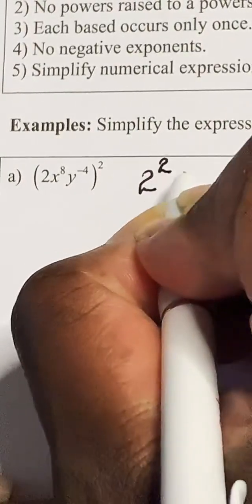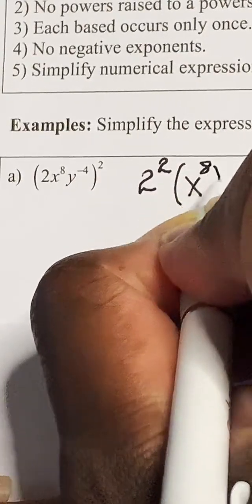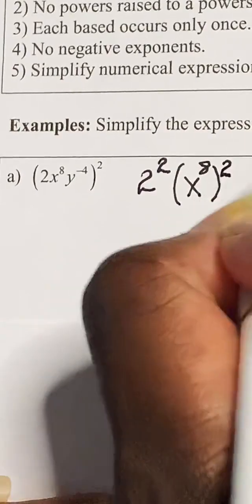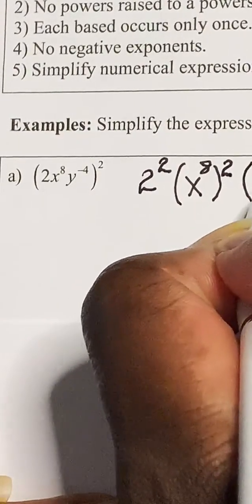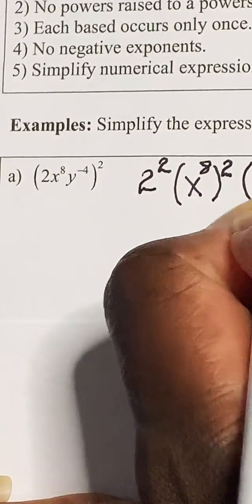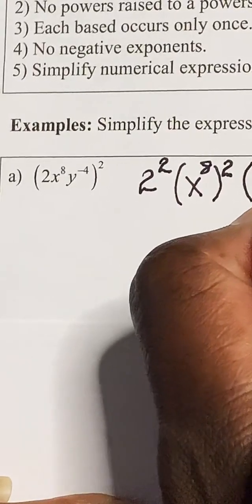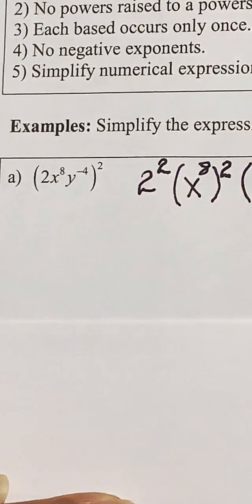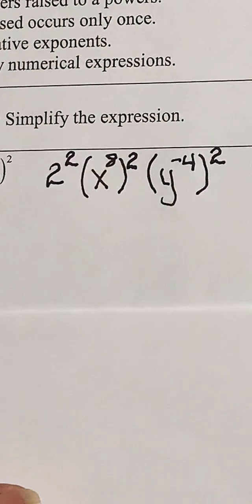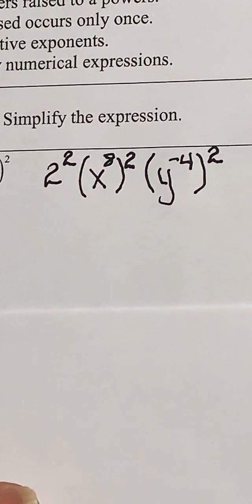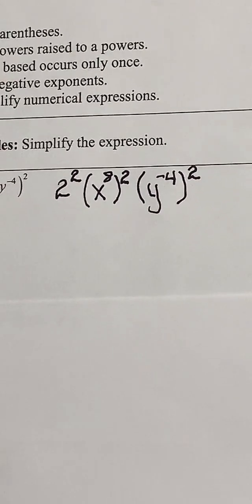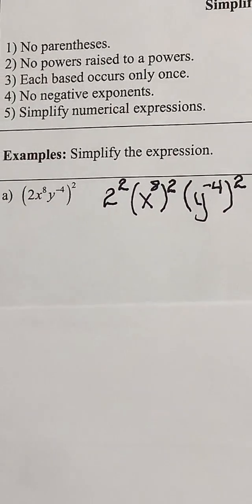So that means the 2 is being raised to the second power. The x to the 8th is being raised to the second power. And the y to the negative 4th is being raised to the second power. Let me unzoom just a little bit so you guys can see everything.